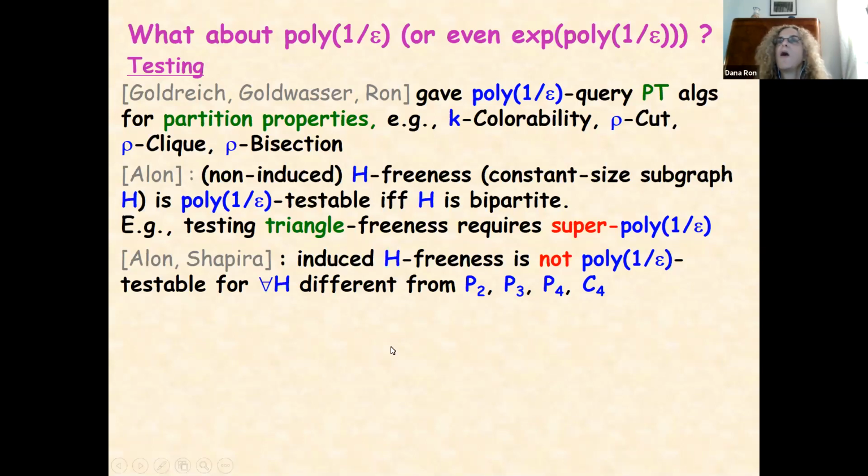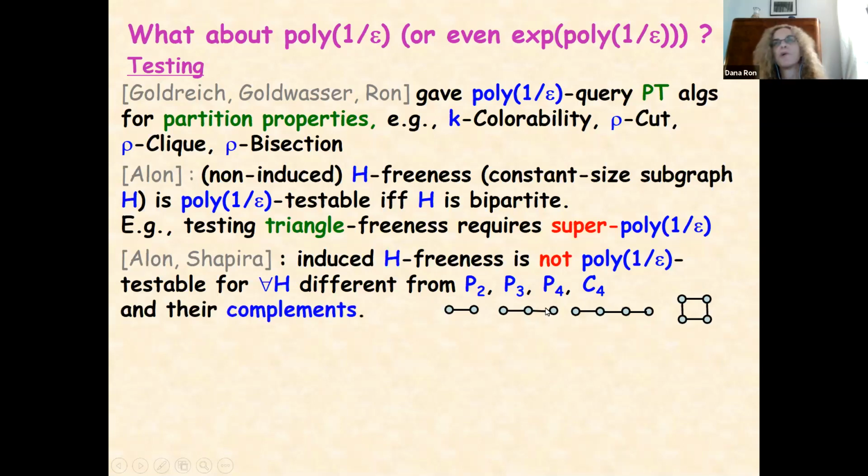Here it's almost everything that has a super polynomial lower bound, but there are these exceptions: P2, just an edge, P3, path of length 3, path of length 4, and a cycle of length 4. These are the only ones for which they showed there isn't a negative result. So it's mostly a negative result here, but it leaves open a few positive questions. And indeed, there are complements, so it is natural that if you can't do one, you can't do the other.